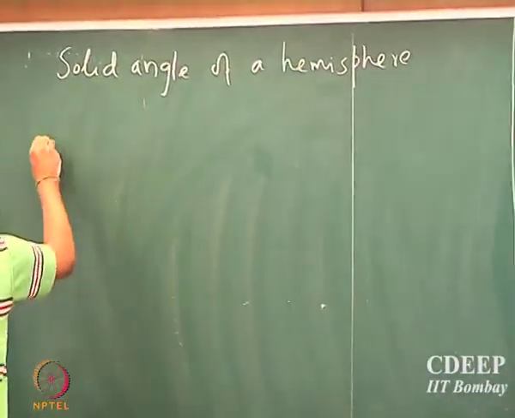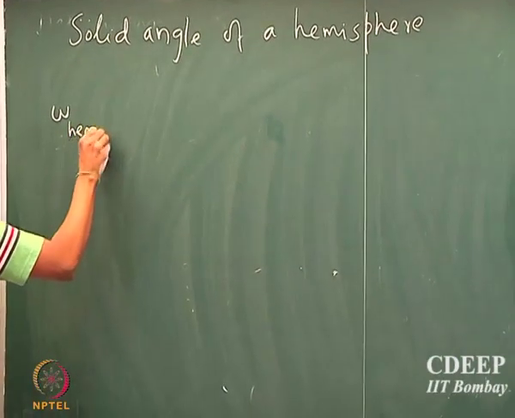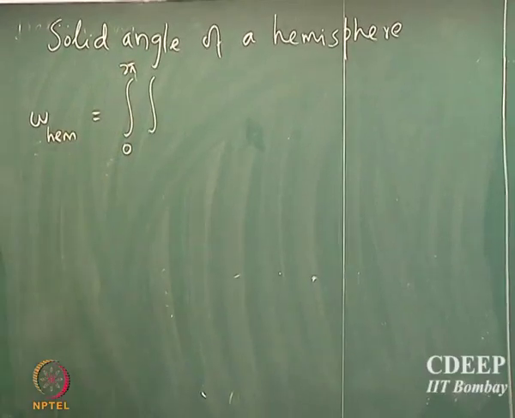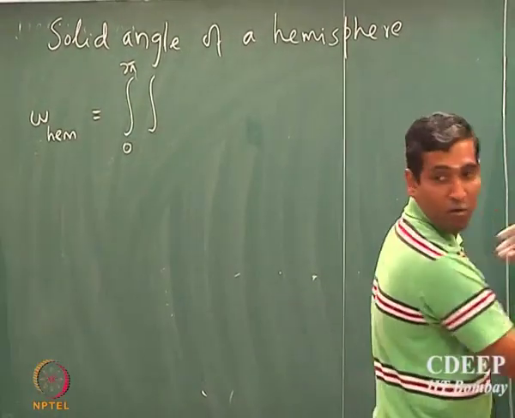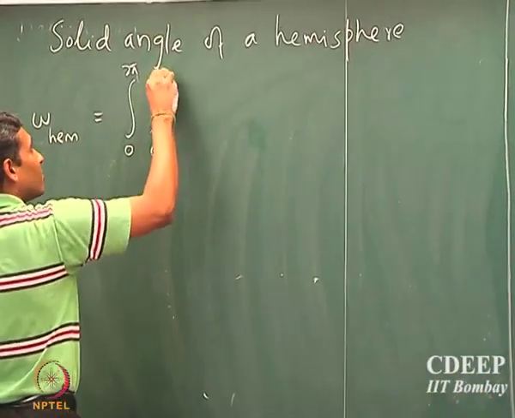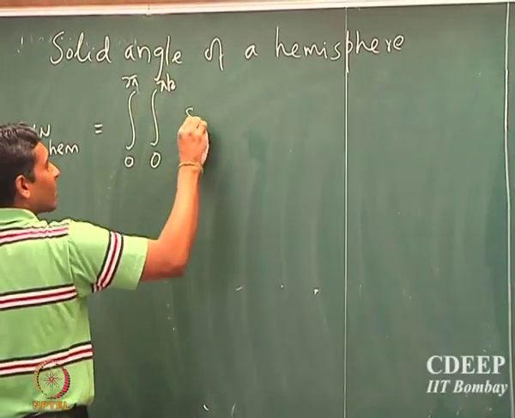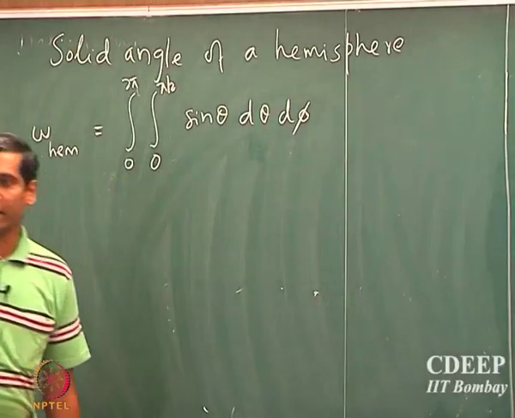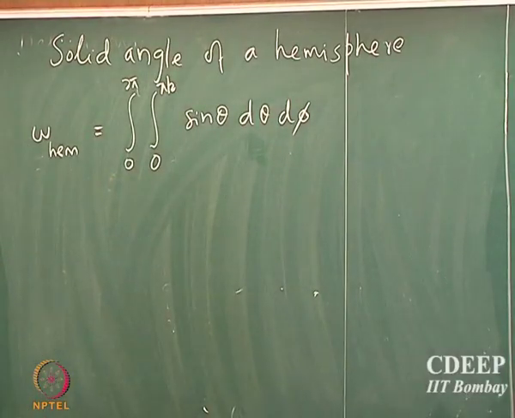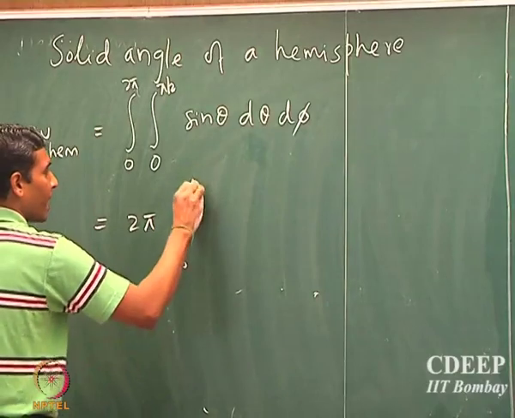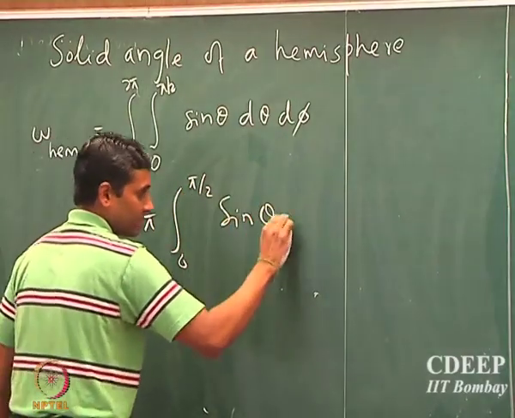So omega of a hemisphere is given by integral 0 to 2 pi on phi. So phi, note that phi goes all the way around. And this will be 0 to pi by 2 sin theta d theta d phi. That's it. What's this integral? Not hard. 2 pi integral 0 to pi by 2 sin theta d theta.